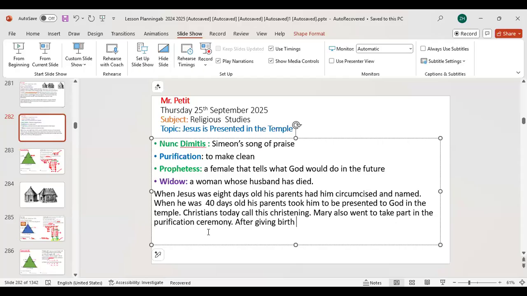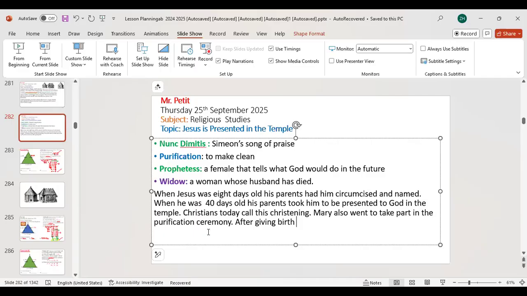It still holds in Jewish cultures, but Christians don't really follow that unless the lady has a health issue or something like that. Especially the 40 days, the 8 days, and circumcision, Christians don't really follow that. But Jews still follow that even to this day.